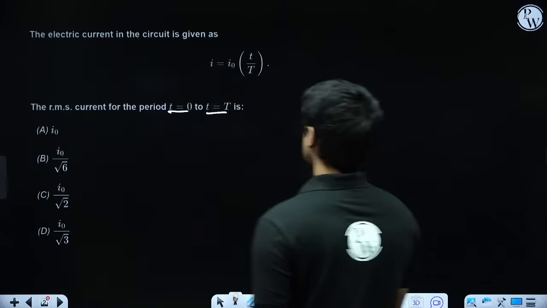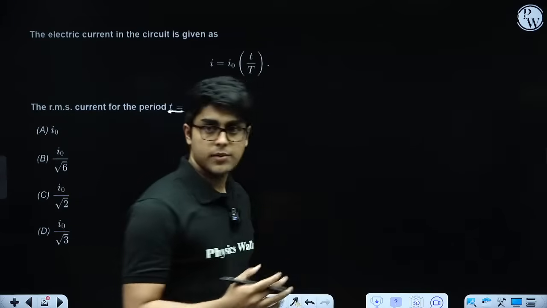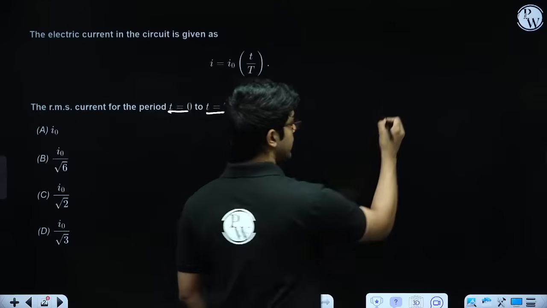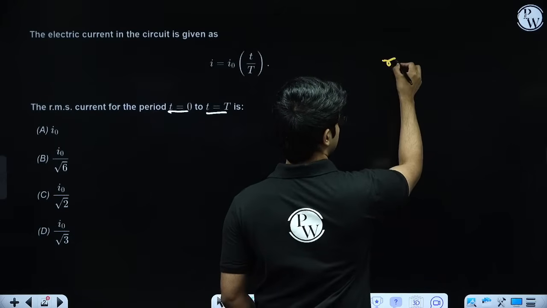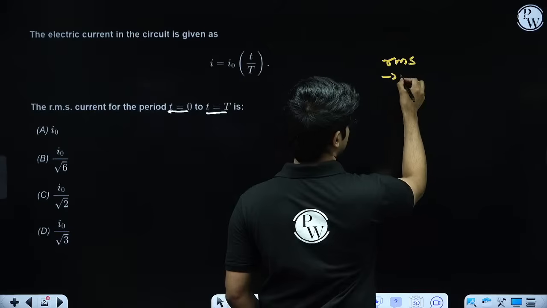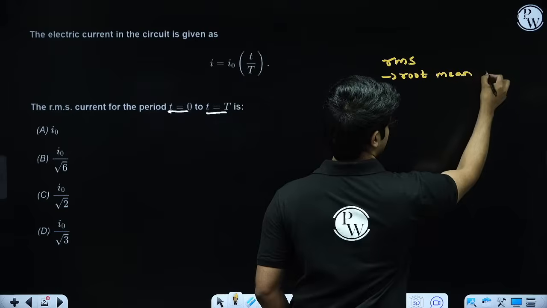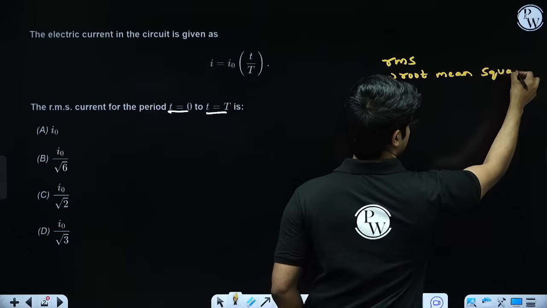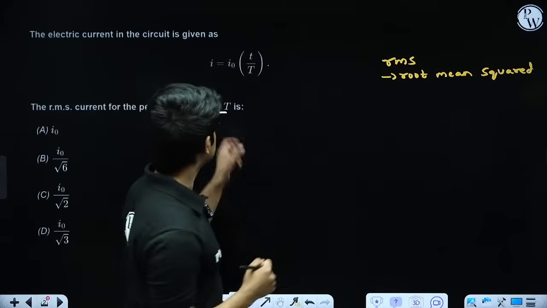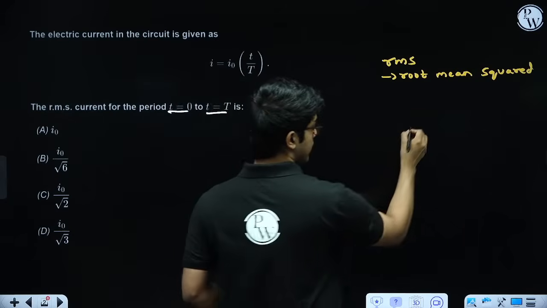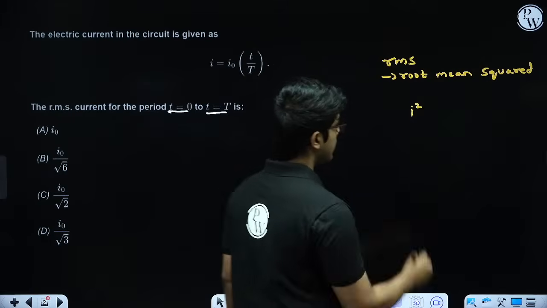So how do we do this? RMS is root mean squared, right? Firstly we will square the value of current, which is a function of time, and then we take the mean of it.